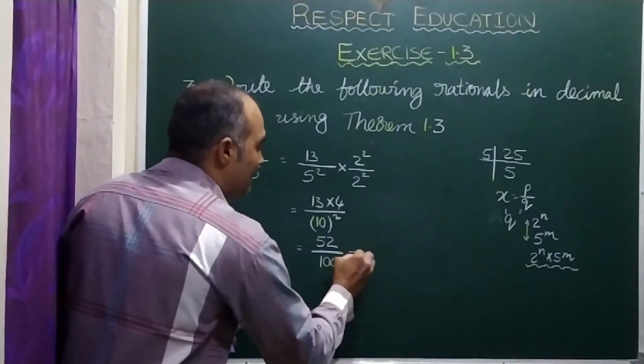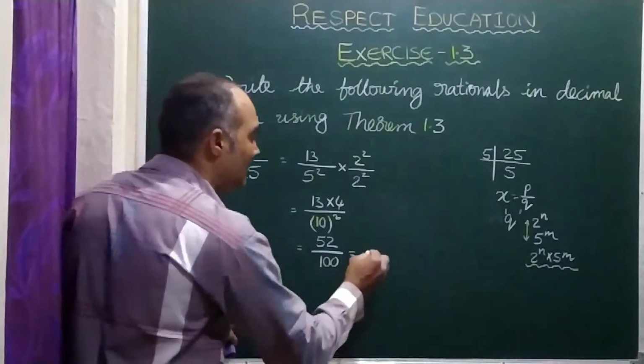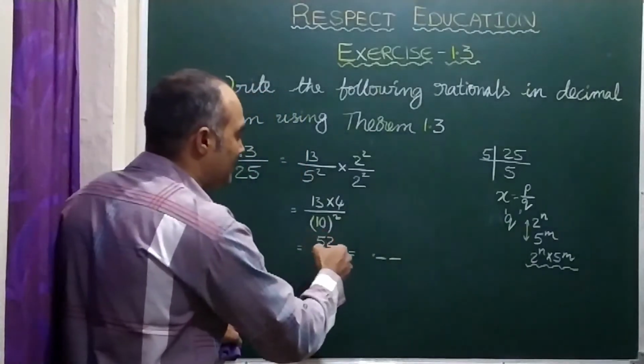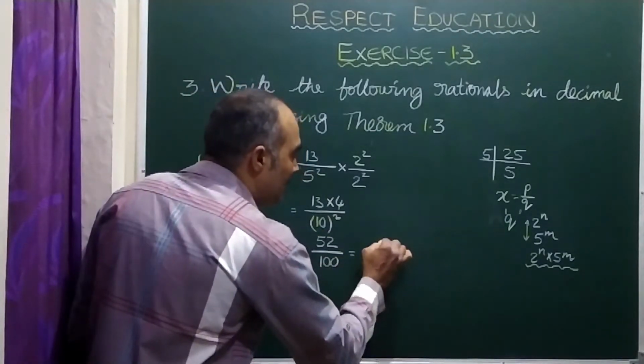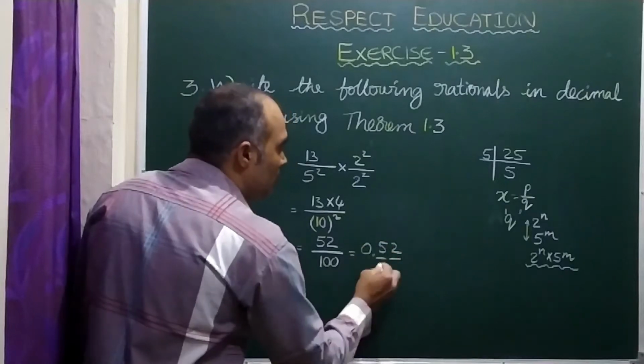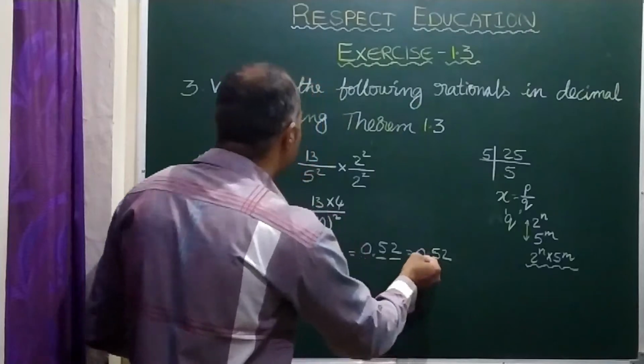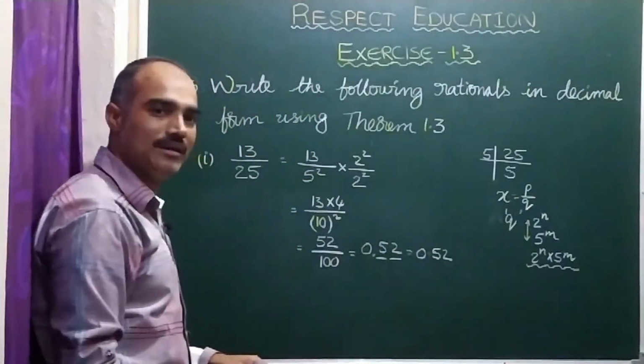So when 2 zeros are there, children, after the decimal 2 places can be filled. Here 52 is there, here 2 comes, here 5 comes, here 0. So it is 0.52. It is the decimal form of the given rational number.